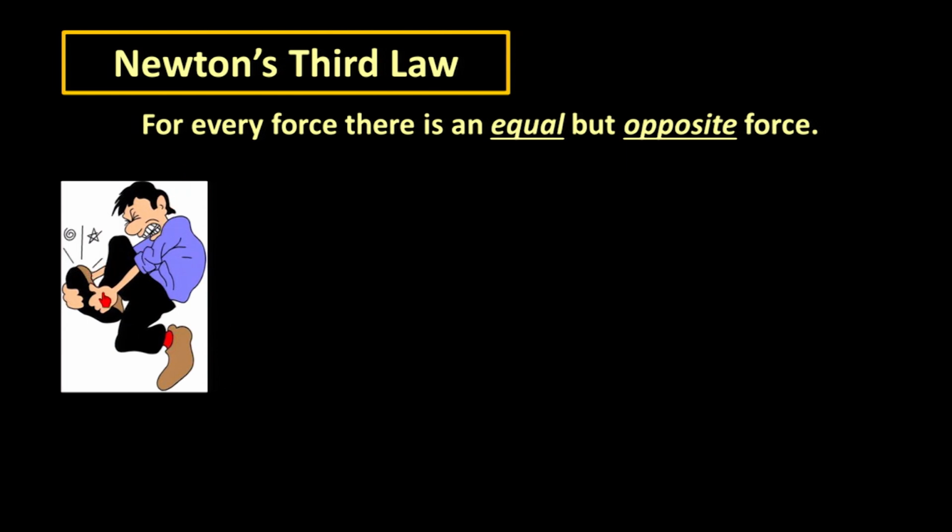The amount of force that you applied on the foot of the furniture by kicking it, the furniture applies an equal and opposite force on your toe. The harder you kick the furniture, the more your toe is going to hurt, because your force has to be met with an equal and opposite force of the furniture acting on your toe. So that's Newton's third law.